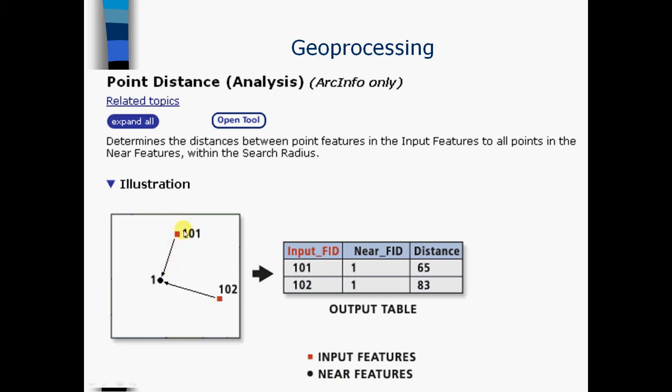Here we have a feature class of red squares, and here we have a feature class of black circles, and this is obviously an exceptionally simple case, but this tool will calculate the distance from each feature in one data set to the closest feature in another data set.